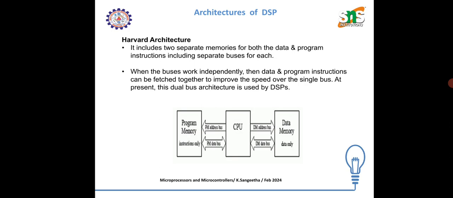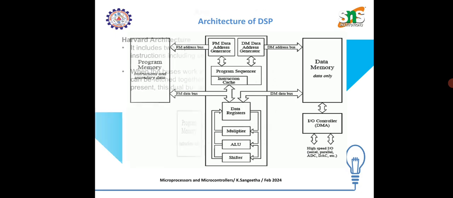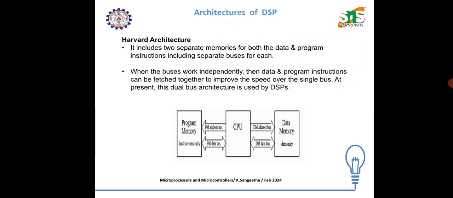The separate instruction and data memories allow for parallel access, meaning that the processor can fetch an instruction from the instruction memory while simultaneously accessing data from the data memory. This can improve the overall system performance, especially in applications with high memory bandwidth requirements. So Harvard processors typically have dedicated units for fetching instructions and accessing data.